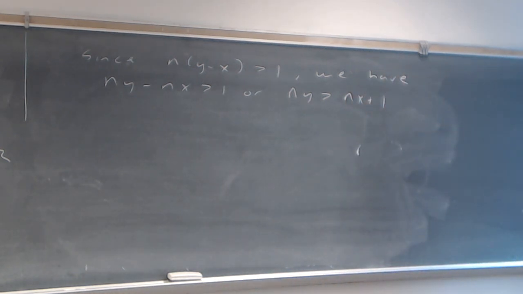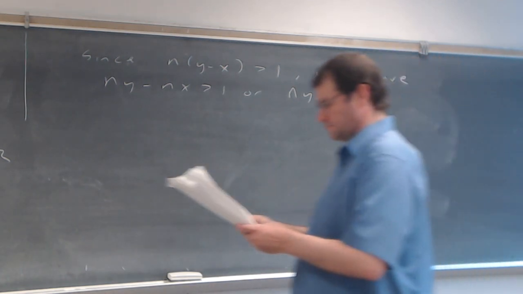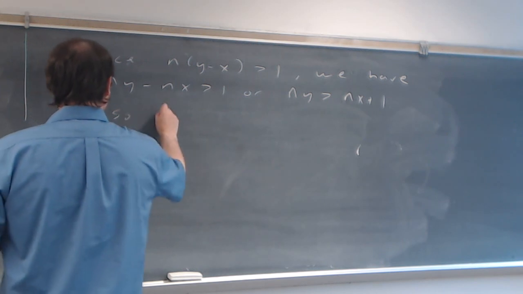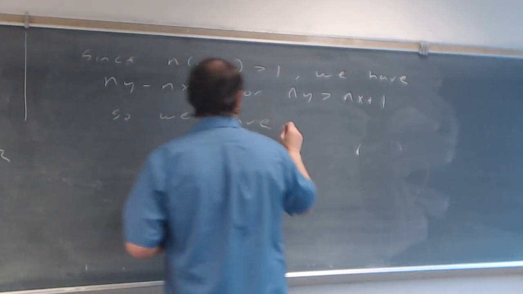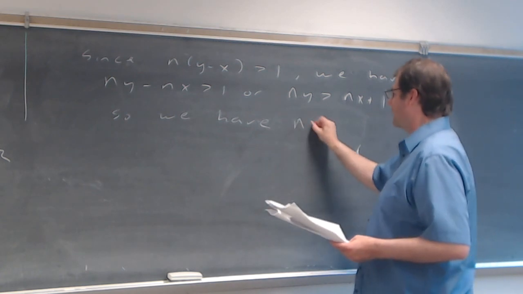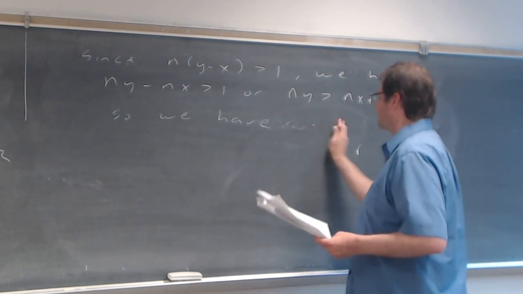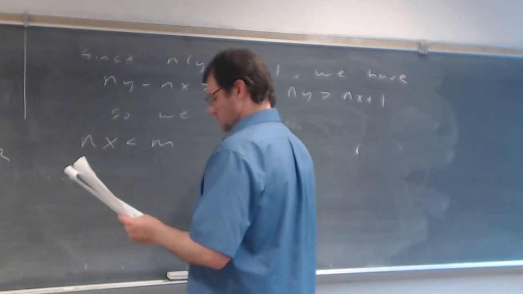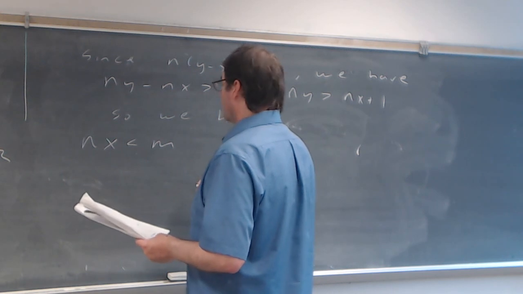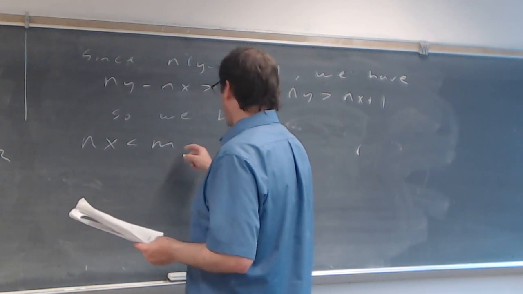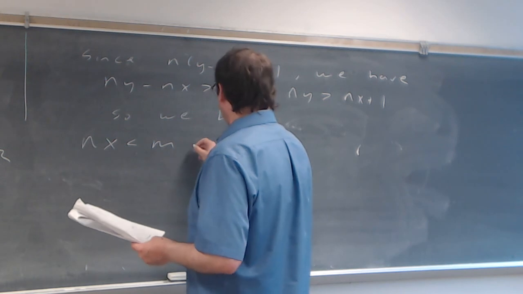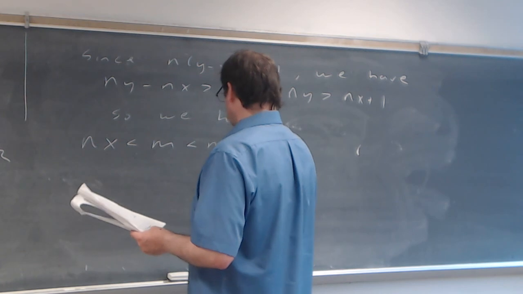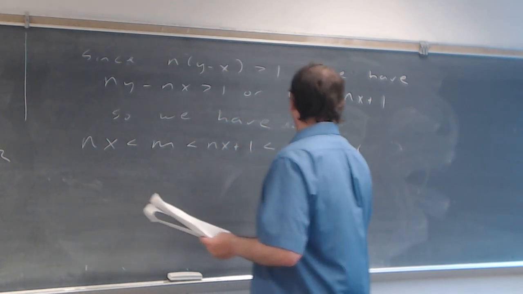Well, that's something that's important. So we have, from a previous inequality, remember we had that nx is going to be less than m, and that's going to be less than nx plus 1, which is going to be less than ny.